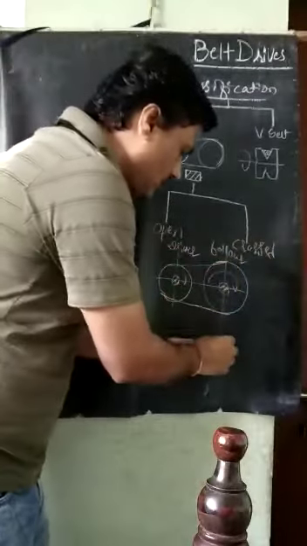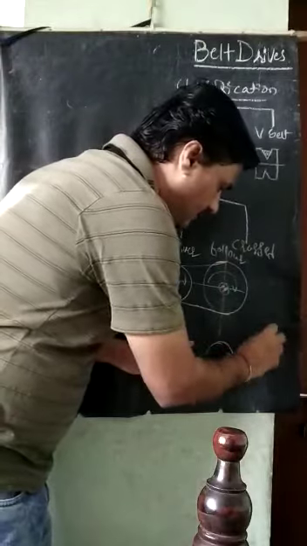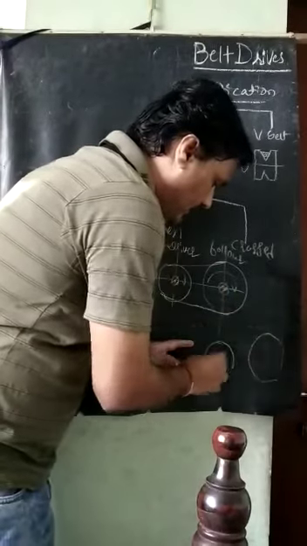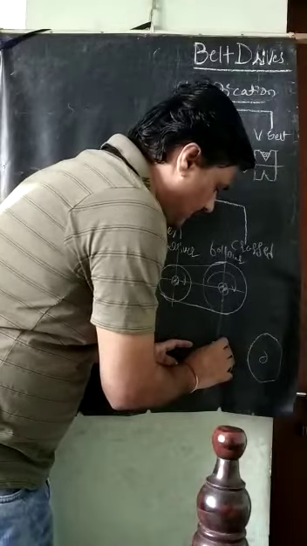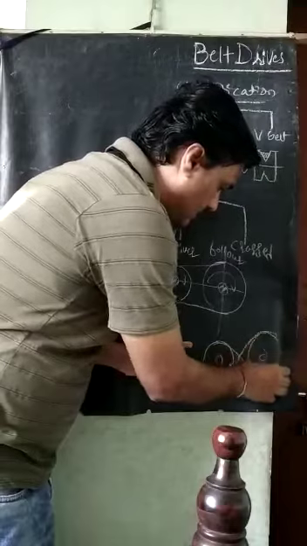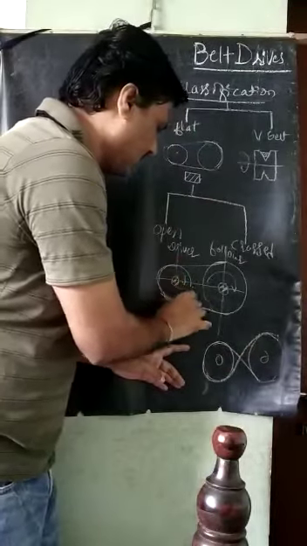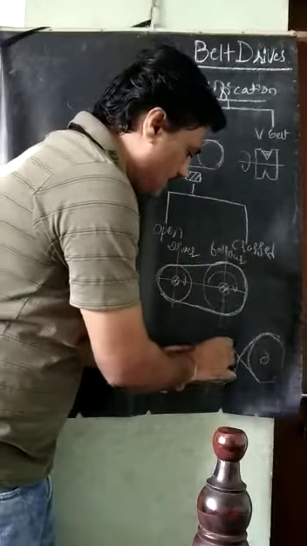Crossed belt drive means here this is the driver, and for example this is the follower. Crossed means the belt is connected here to here and here to here, whereas in the open belt drive it is connected like this. Here it is connected in a crossway.